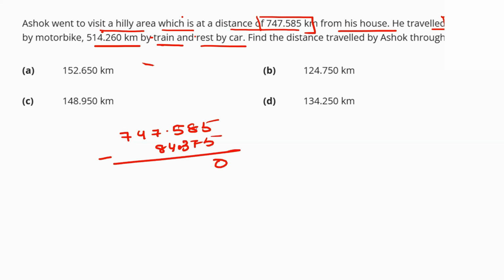That's 5 minus 5, 0. 8 minus 7, 1, 5 minus 3, 2. 7 minus 4 is a 3. 4 minus 8 not possible. 14 minus 8 gives us 6, since we borrowed, 7 will become 6, 663.210 left.